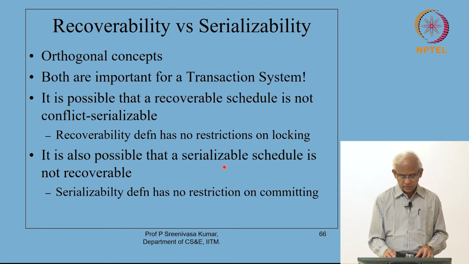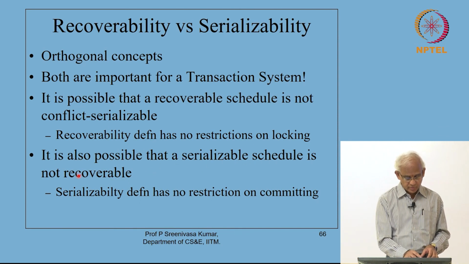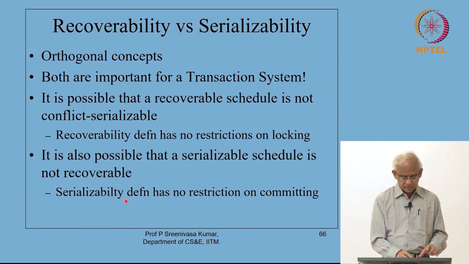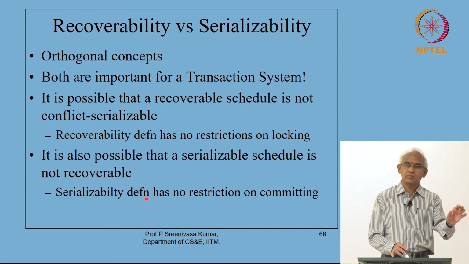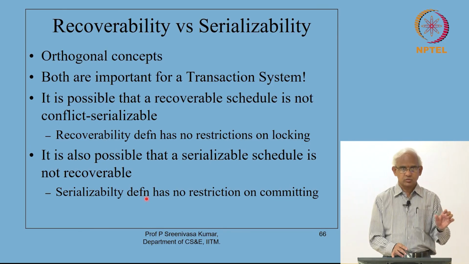Whereas serializable schedules may not be recoverable, because the serializability definition only bothers about the conflicting pairs of operations, and whether they are in the same order as in some serial schedule. That is what serializability requires. It does not put any restrictions on committing.